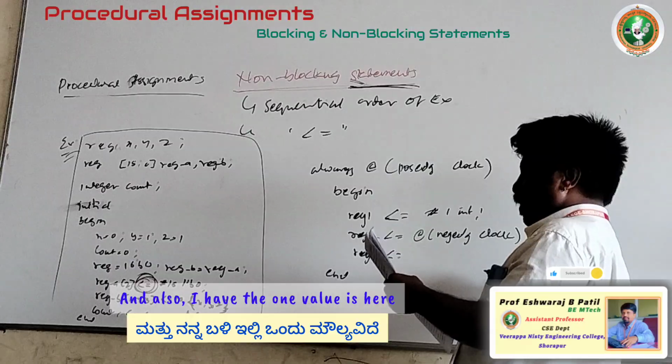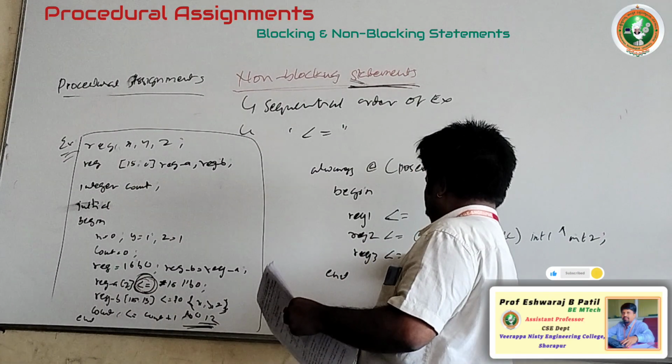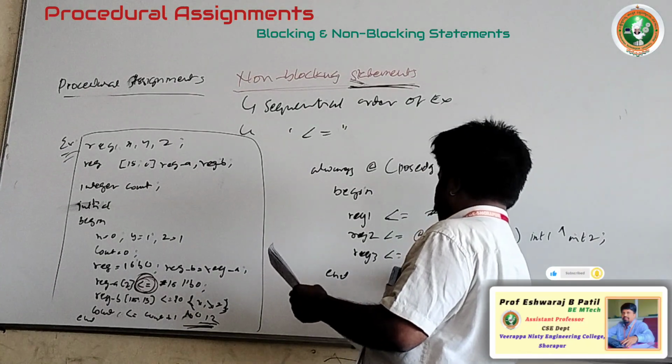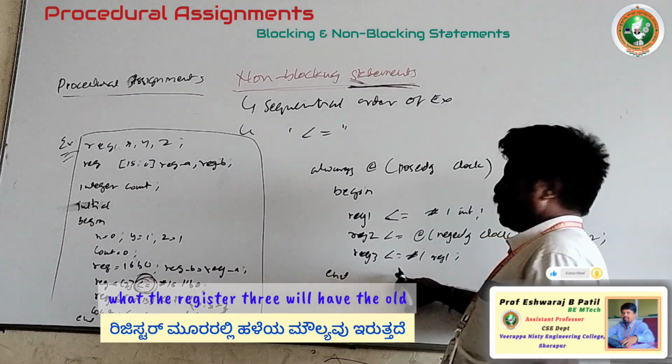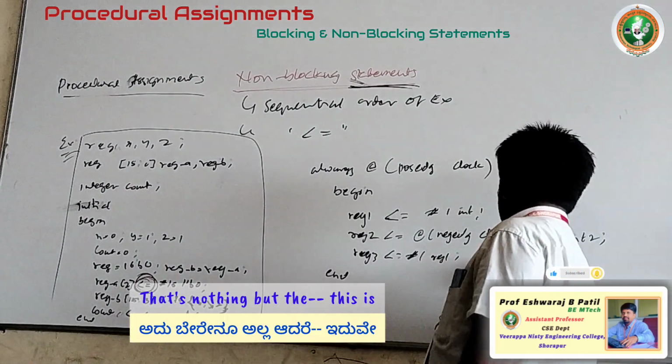Also I have one value here, register 3 equals the old value of register 1. That's nothing but the old value.